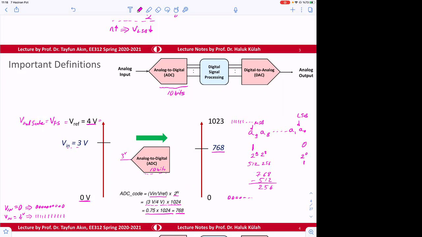So that's simple then. This is going to be 1 here, and all the rest is going to be 0. So this was an easy one.